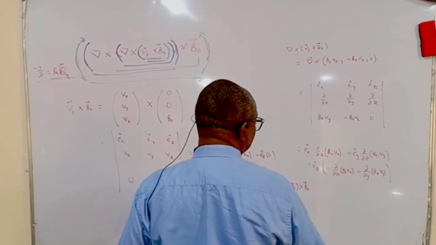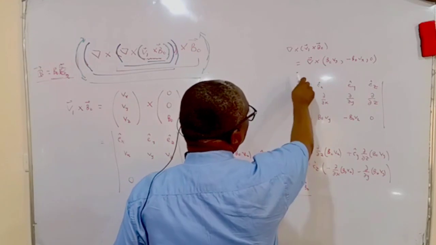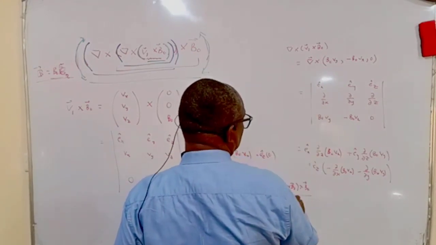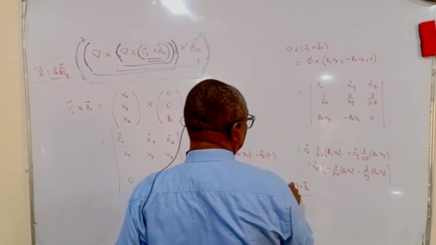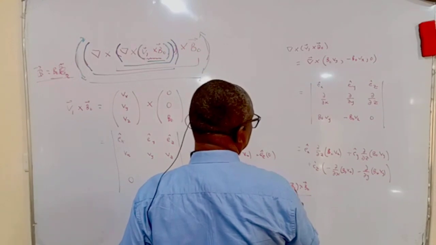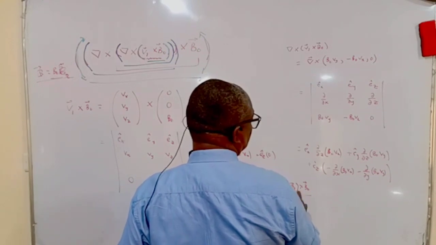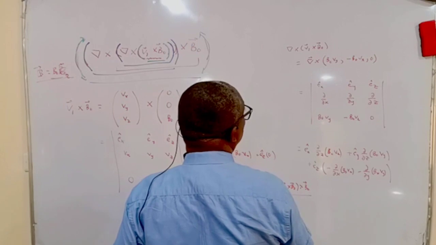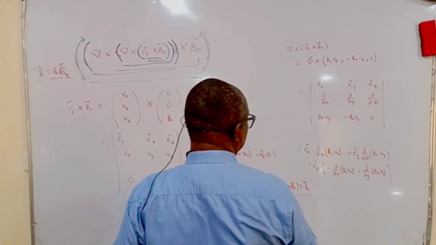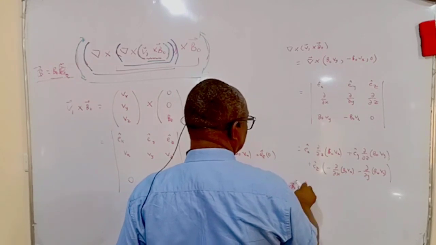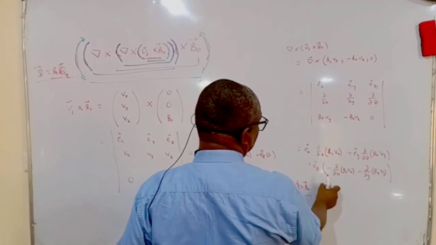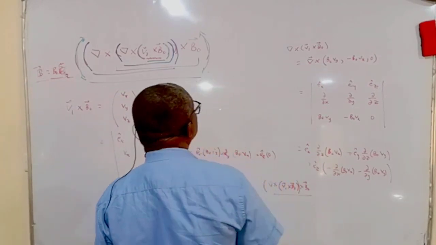So that is exactly what we want to do now. Having obtained this one, which is V cross this, there's a curl there, so we have the curl of that, which we have. Then we're going to take the curl of this again.